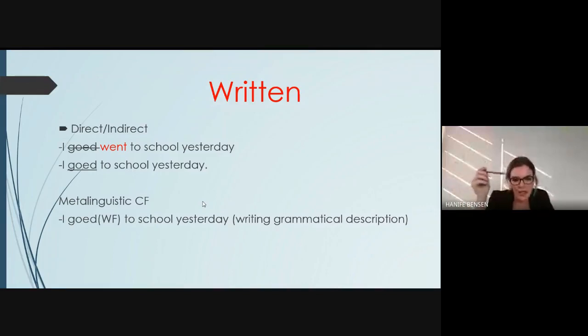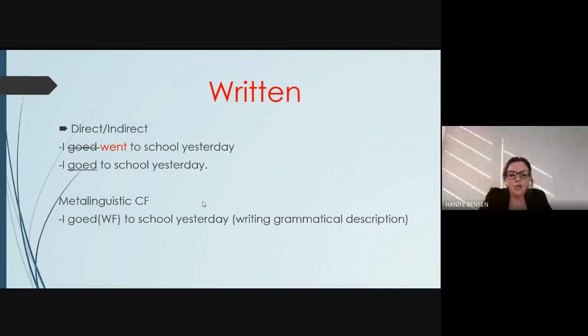So research related to this shows that metalinguistic corrective feedback is actually much more preferred by the students and the teachers, and has had many more positive outcomes than direct corrective feedback. So this is preferred.